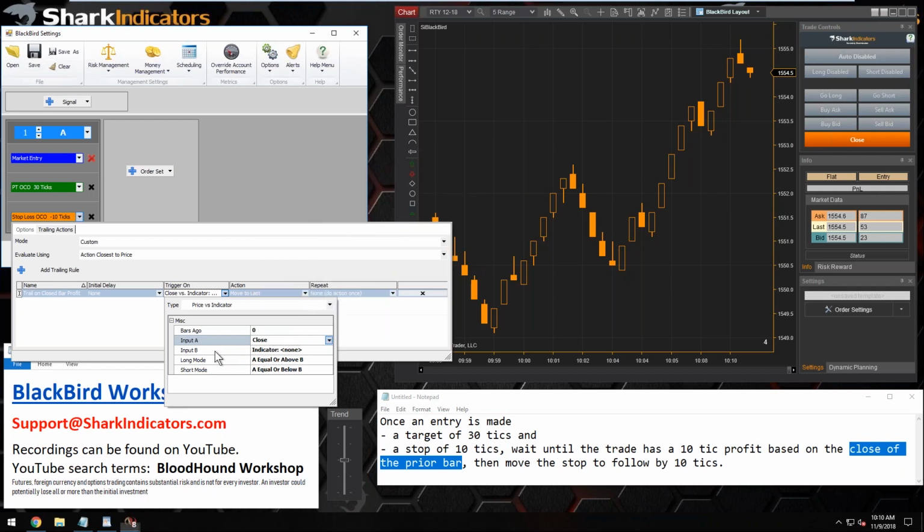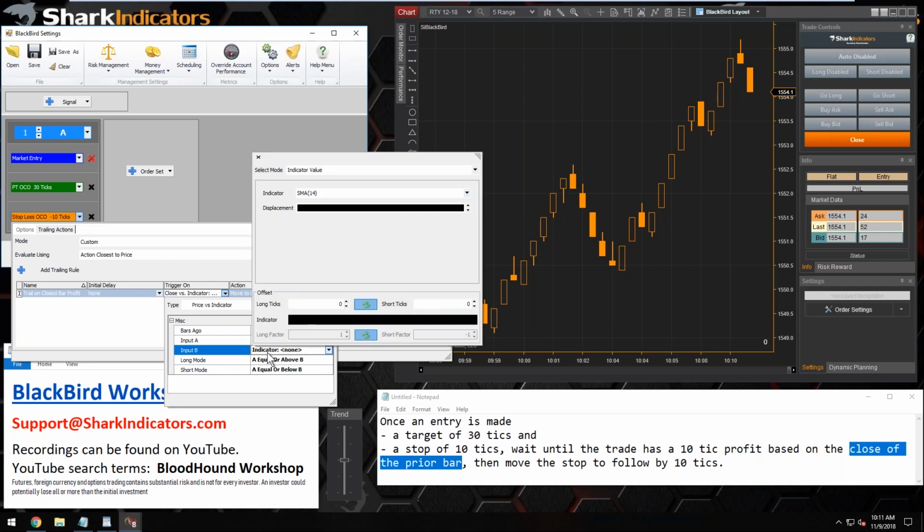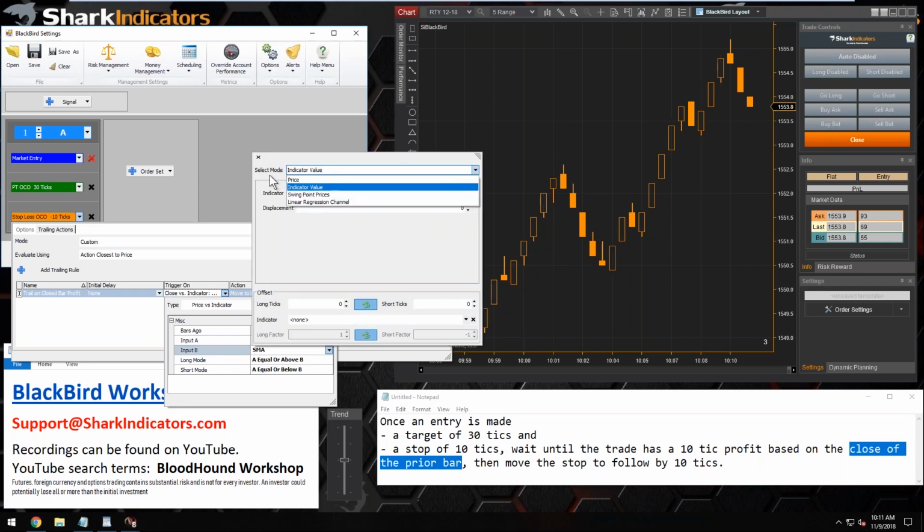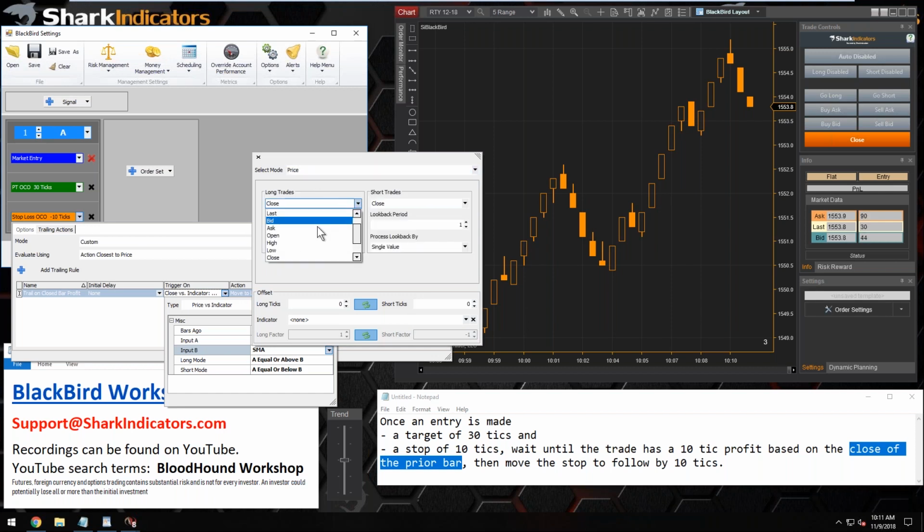Now, input B. The way you measure profit is that your anchor point, your measuring point, is always your entry price. So we're going to set input B to the entry price. Let's switch the mode to price, and we're going to scroll up a little bit.